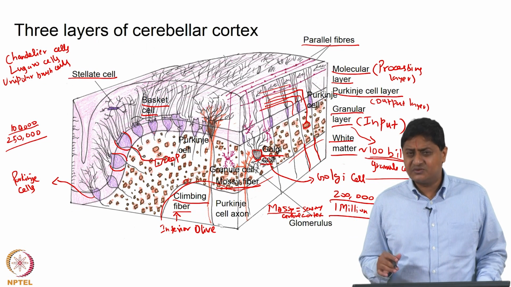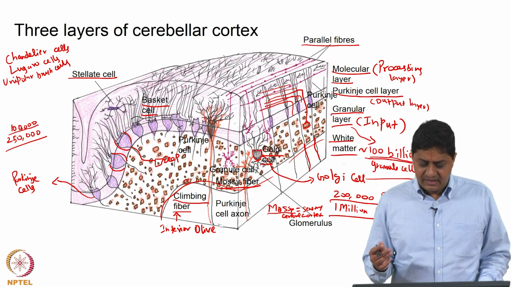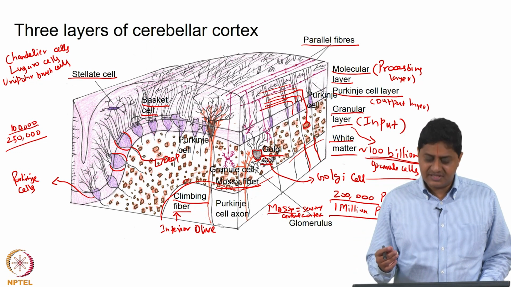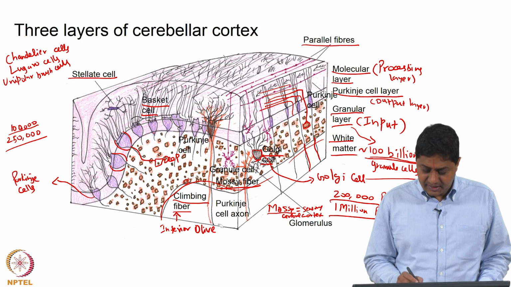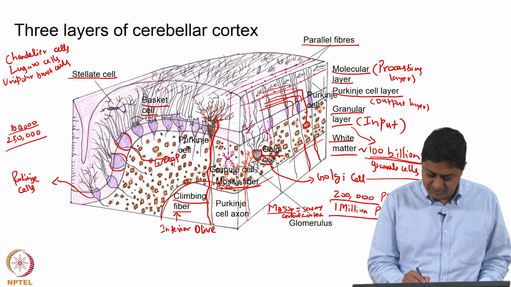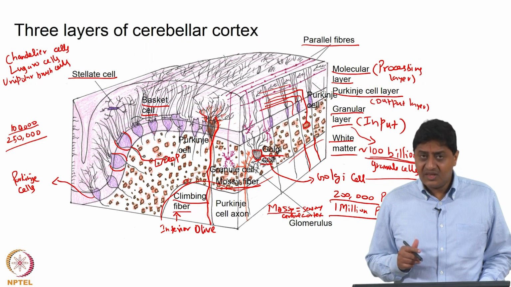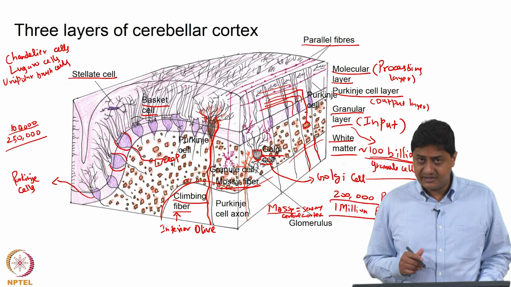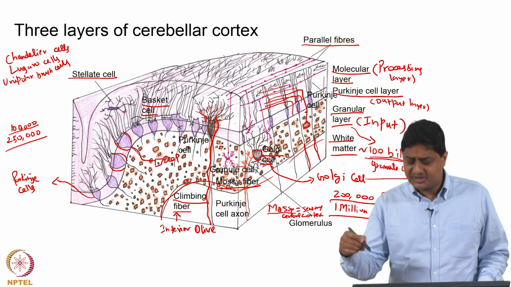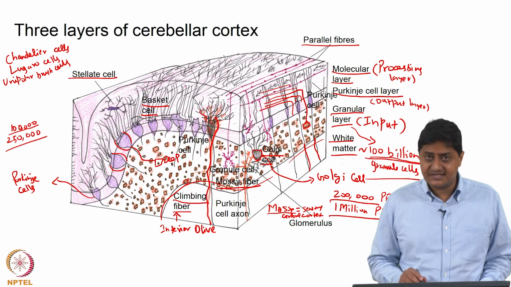They do not project to the granule cells, but rather they directly control the action of the Purkinje cells by making synapses with multiple dendrites of Purkinje cells, like it has been shown in this picture. They climb over the Purkinje cell body and dendrites, and they make multiple connections, and they do not project to the granule cells.